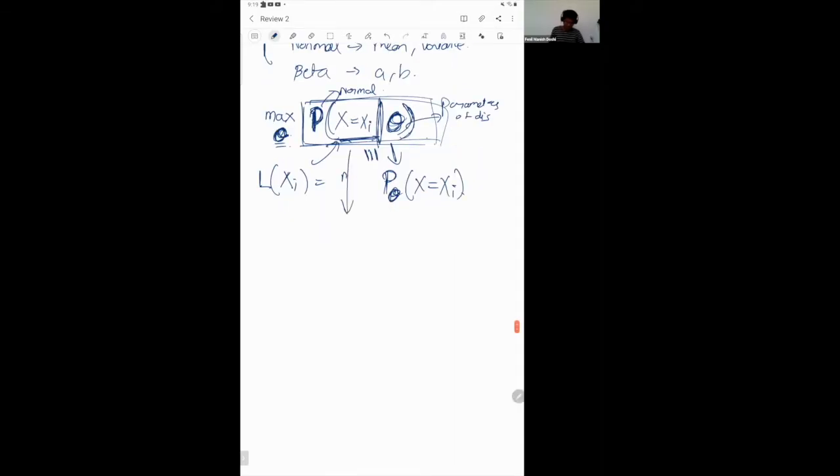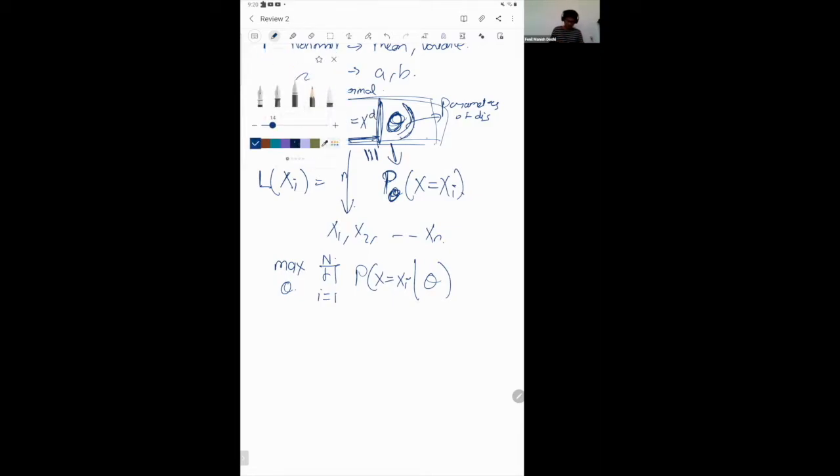And now, as I said, this is just the likelihood of data. Now, if I'm giving you these data points, that is what we are interested in. Does this much make sense?